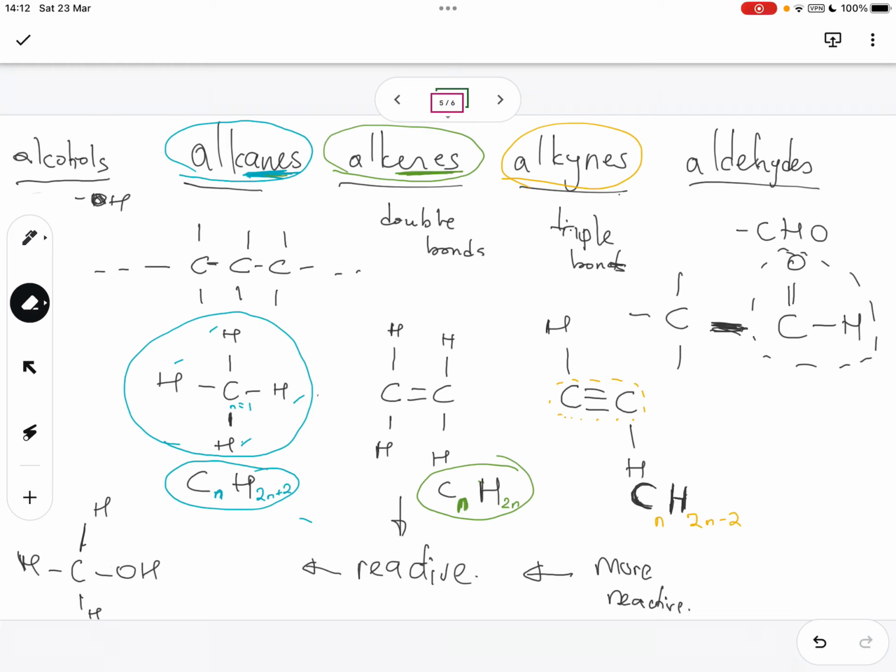Okay, I see. So hydrohalogenation is adding a hydrogen halide, a chemical compound that has hydrogen and a halide, to an alkene.